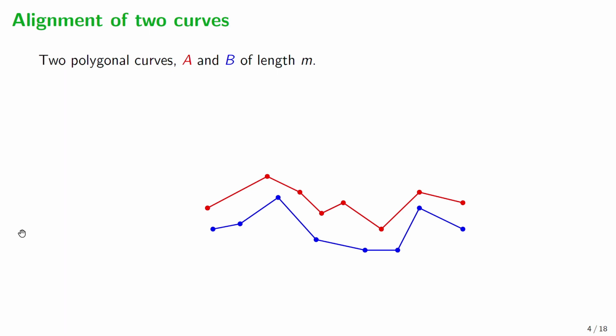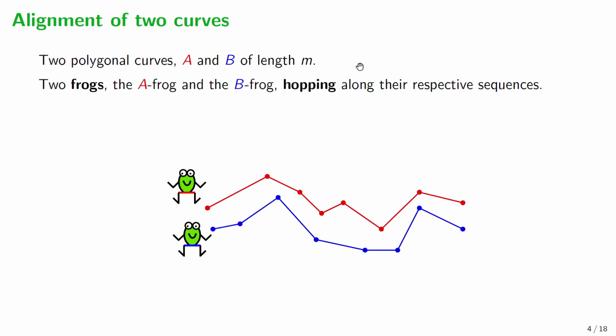Before talking about the nearest neighbor problem, we first need to define our distance measure for curves. And for that, let's first talk about curve alignments. Consider two polygonal curves, A and B, both of length m. And now, imagine two frogs.